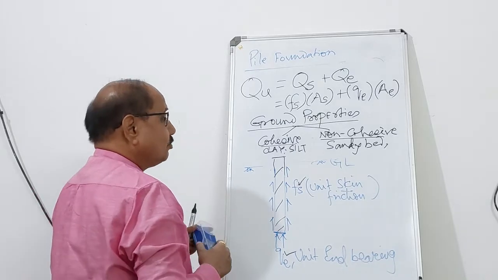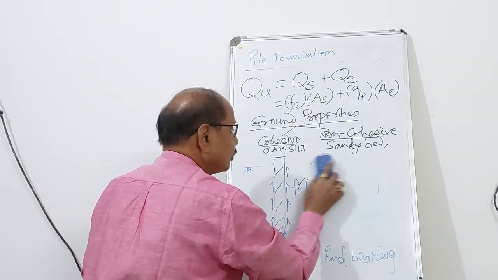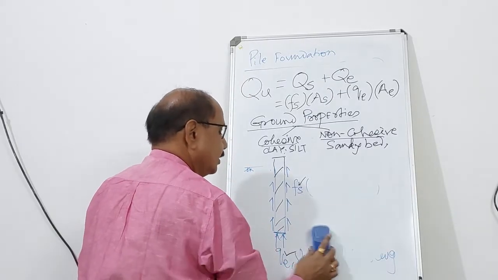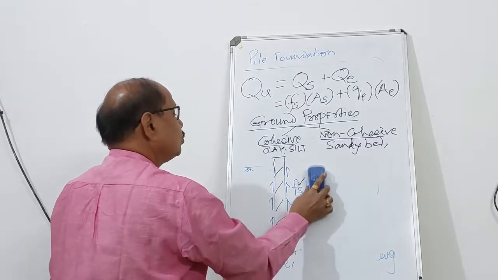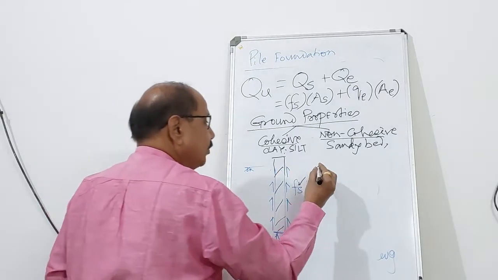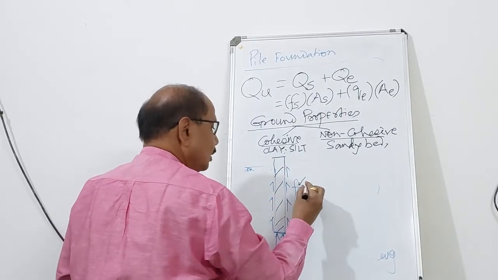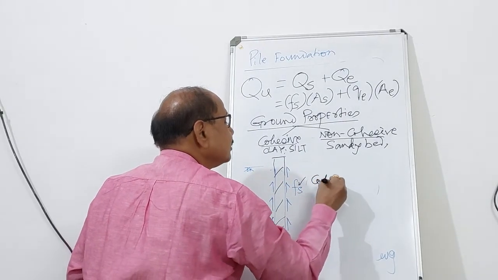So let us find out how to find out the unit skin friction and unit end bearing. Let's say this pile is embedded into cohesive ground. So ground is cohesive in nature.